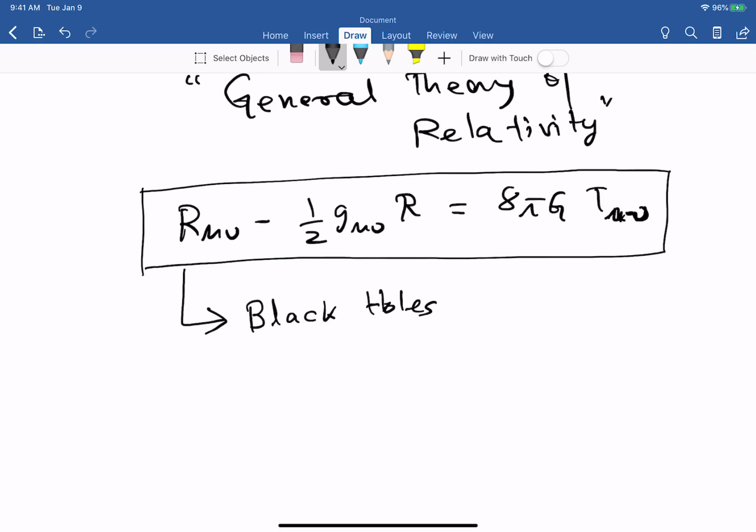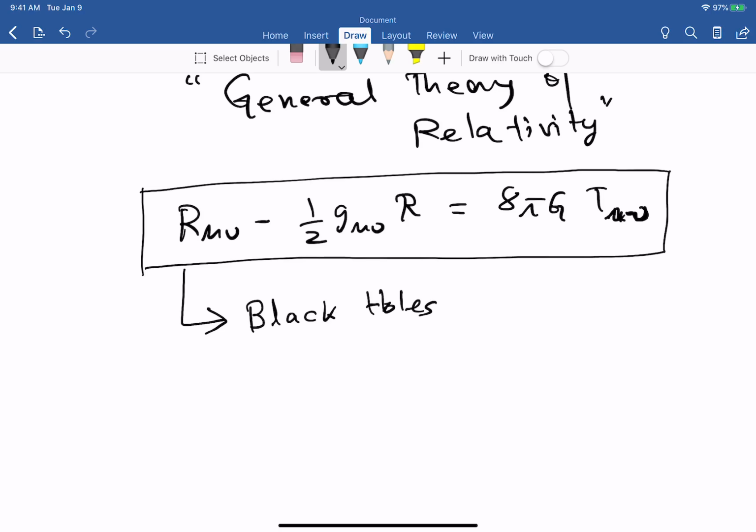So you can think of a black hole as a mathematical point which has infinite density, and a black hole is surrounded by something called an event horizon, right? Okay, but the point is that it's an extremely bizarre object with crazy properties, and you can think of it as a point of infinite density, right? So the existence of black holes is one of the things that comes out of the general theory of relativity.